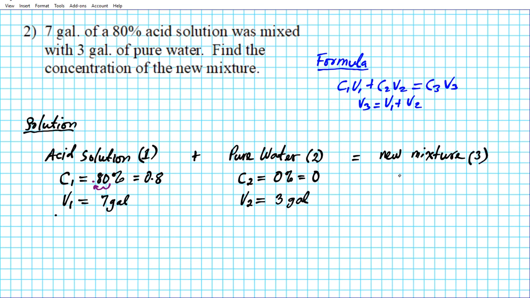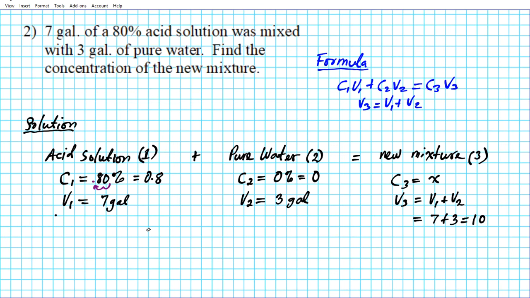The new mixture is 3. Okay, so what's the concentration of acid in this new mixture? That is what we were asked to find. So let's call it X. We don't know. And the volume of the new mixture is simply V1 plus V2, the sum of the volumes of the components that are added. So it's going to be 7 plus 3, which is 10.